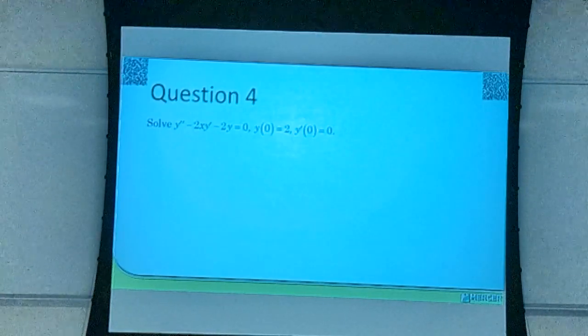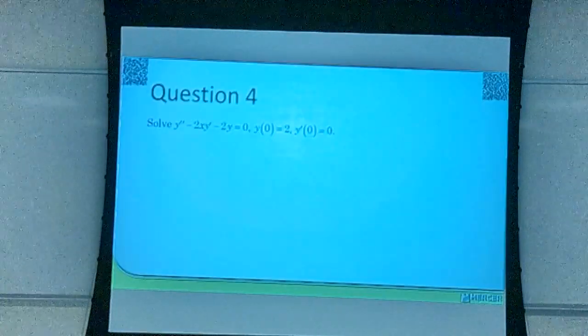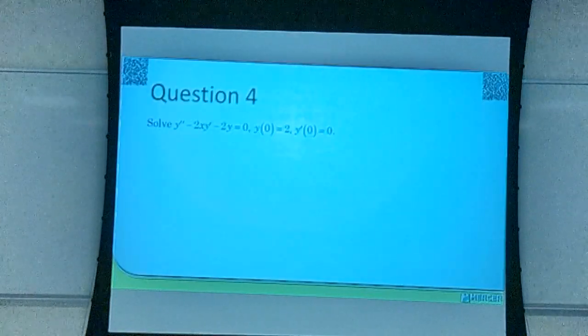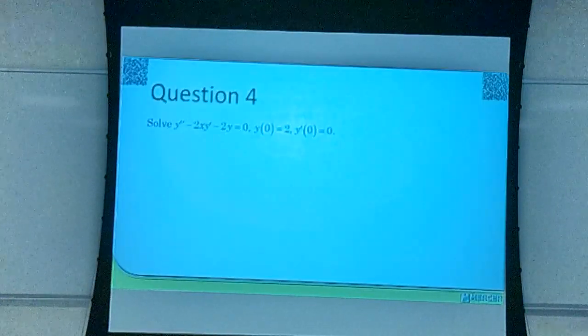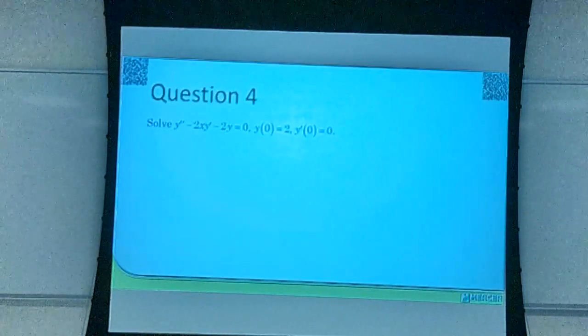This thing won't be the entire general solution. Thankfully, it's an initial value problem.